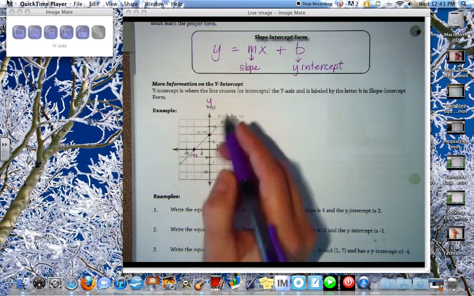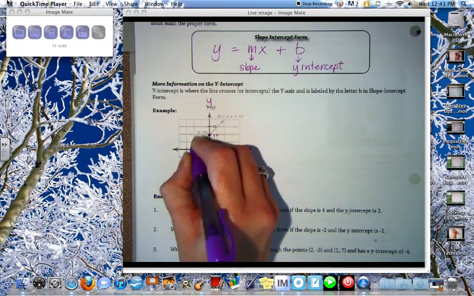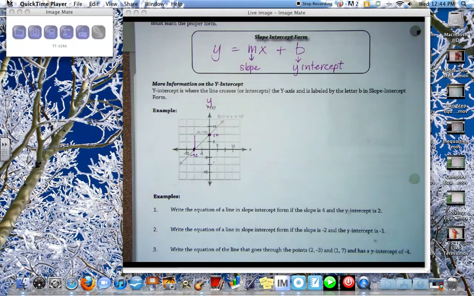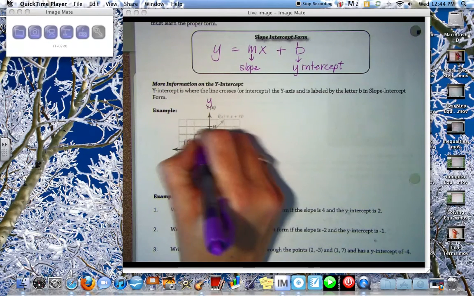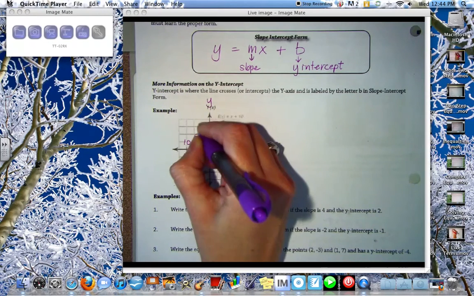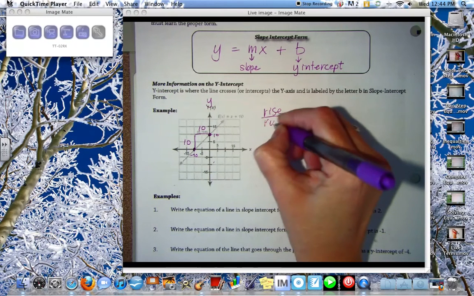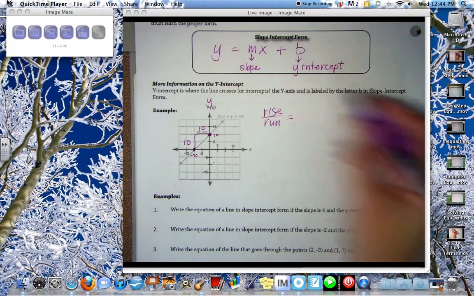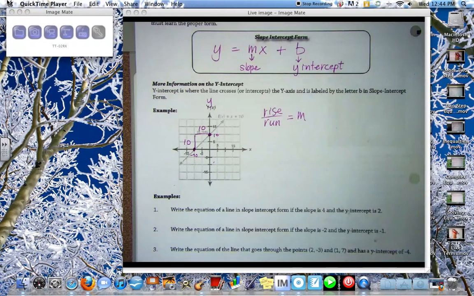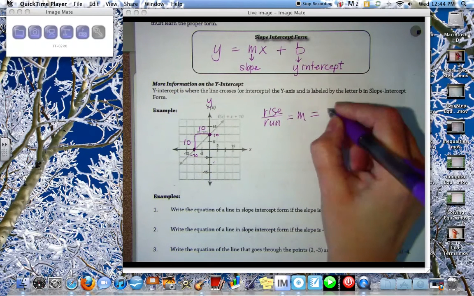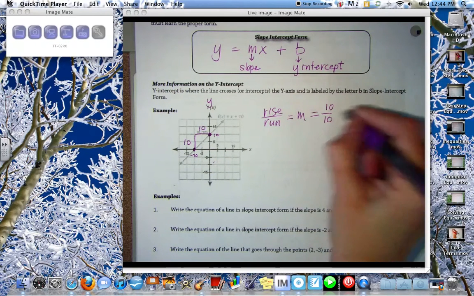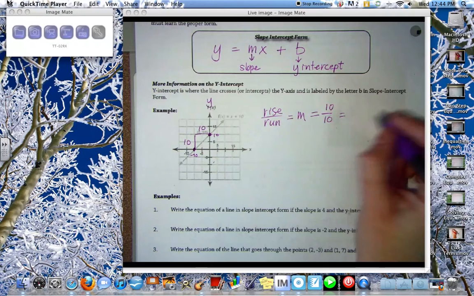Positive 10. So what is my rise? 10. And what's my run? 10. So my rise over run is the same thing as my slope. And we just found it to be 10 over 10, which reduces to what? 1. So I just found the slope of this line.